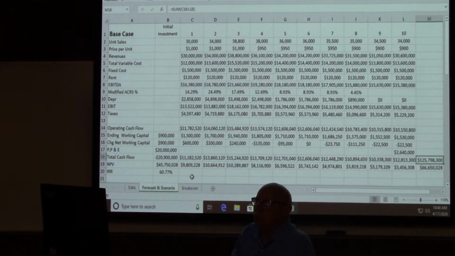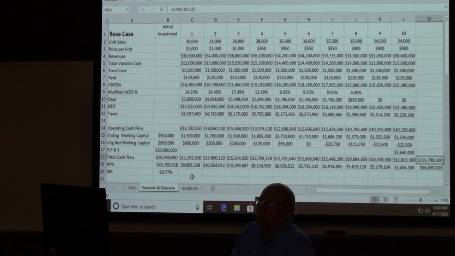It's just not significant. So what would make a significant difference? Well, the number of units that we sell, the price per unit, and the cost per unit. Those are the biggies in this case.